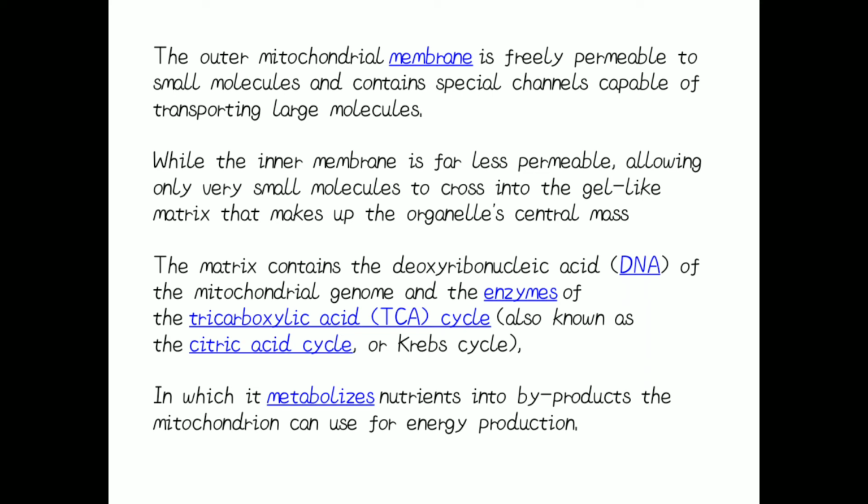The matrix contains DNA, that is deoxyribonucleic acid, of the mitochondrial genome and the enzymes of the TCA cycle, that is the tricarboxylic acid cycle. It is also known as the citric acid cycle or Krebs cycle, in which it metabolizes nutrients into byproducts the mitochondrion can use for energy production.